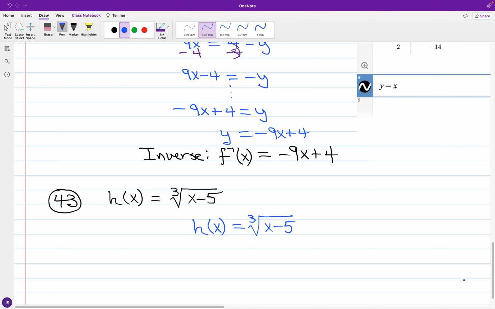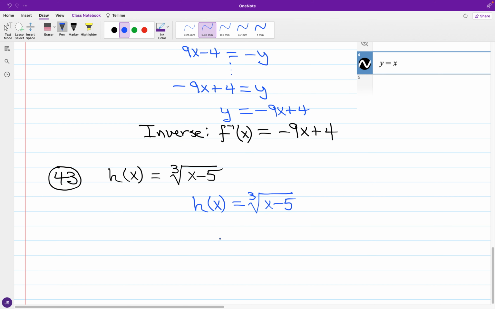So you have a different letter with h as opposed to f, but it's still going to make reference to y.